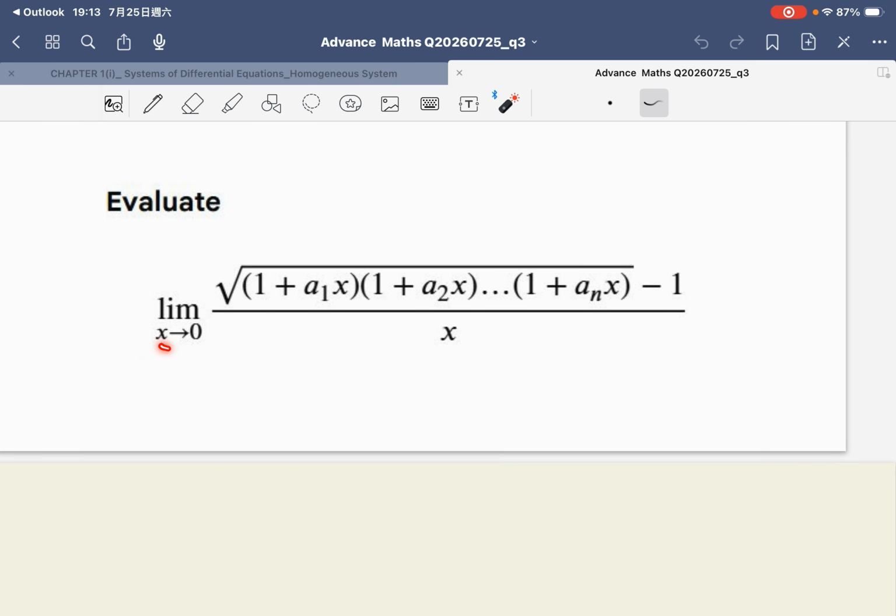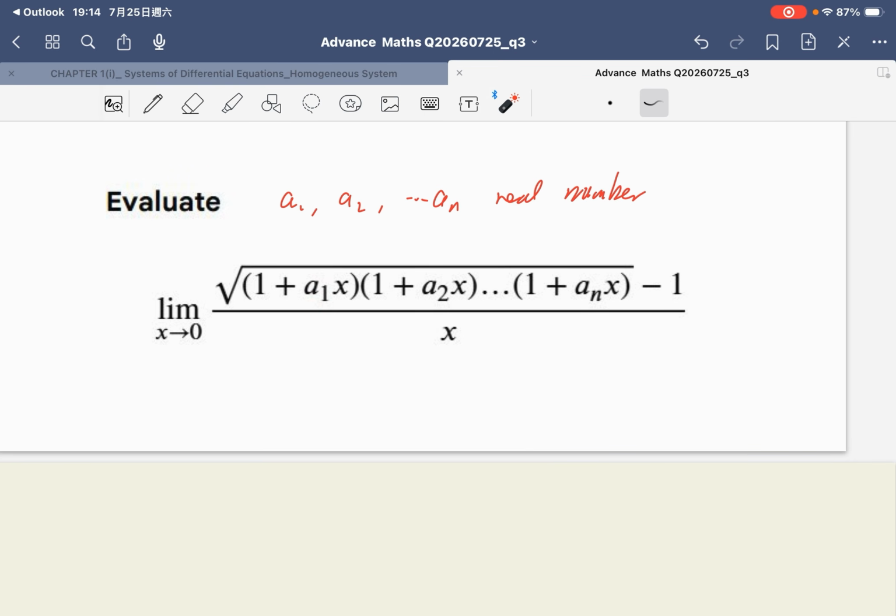This is the limit as x tends to 0 of the square root of (1 + a1x) times (1 + a2x) up to (1 + anx), minus 1, over x. Of course, I understand that those a1, a2 should be appropriate real numbers, because those terms cannot be less than 0.